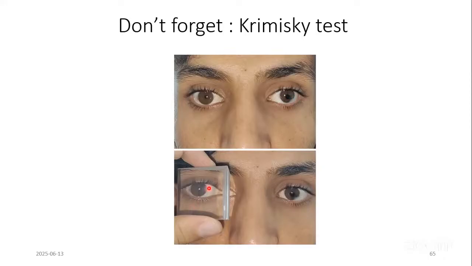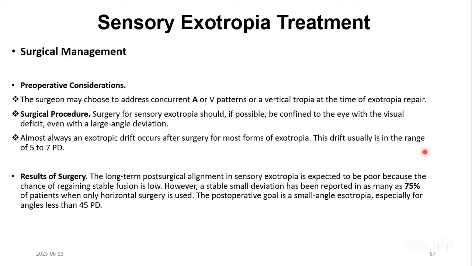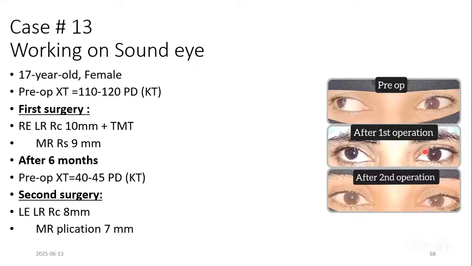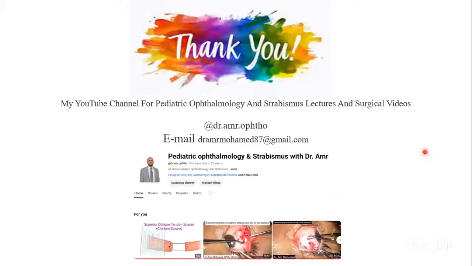So I use the Krimsky test over the good eye to know the angle estimation in the exotropic eye. And usually in patients with sensory exotropia, we do unilateral recess-resect in the poor vision eye. So thank you so much.